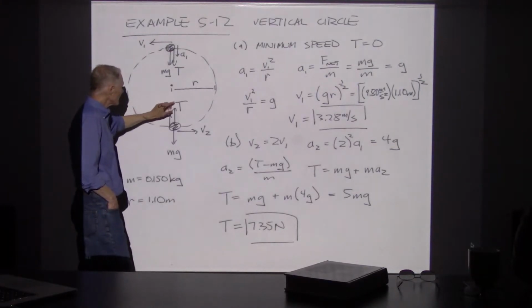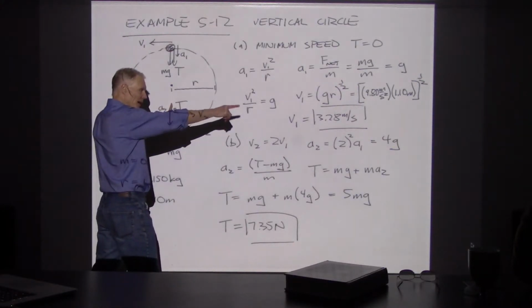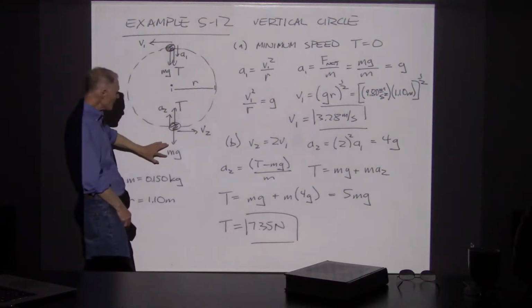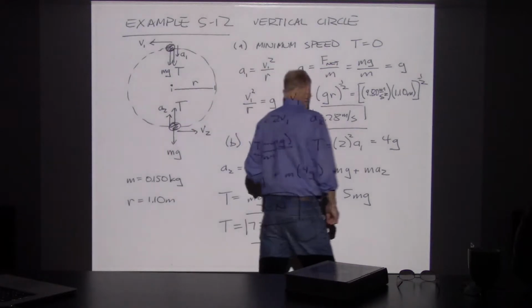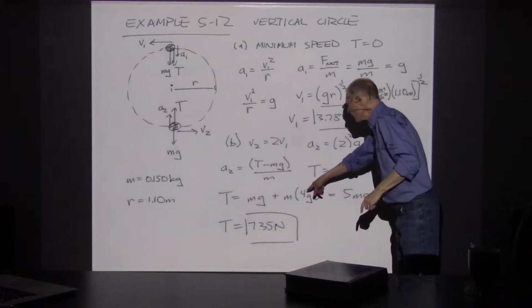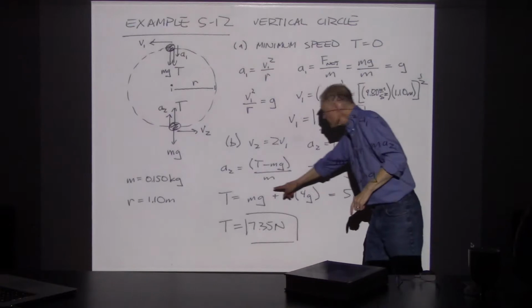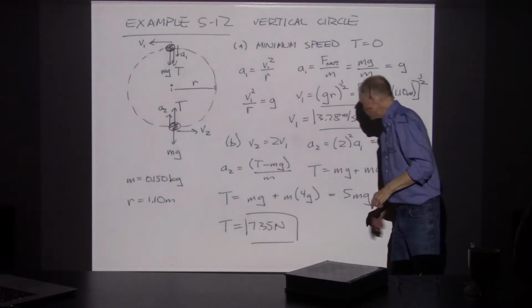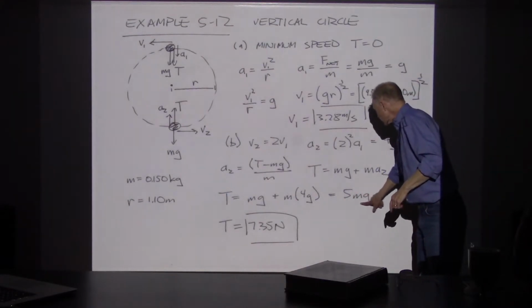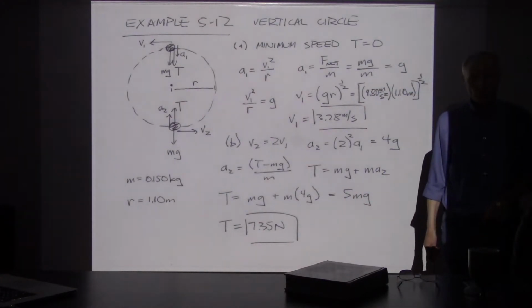The tension at the bottom is going to have to create that 4g, plus it has to offset gravity. When we set that up using the equations of motion, what we found was that the tension needs to offset gravity and provide an acceleration of 4g. That got written as 5 times mg.